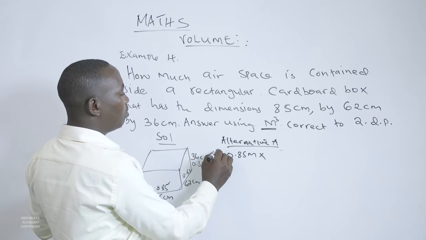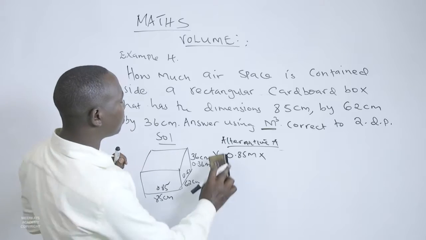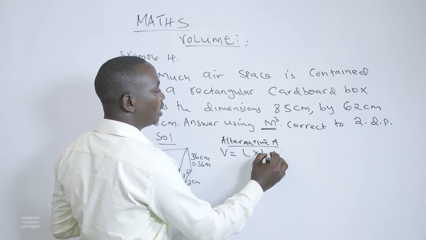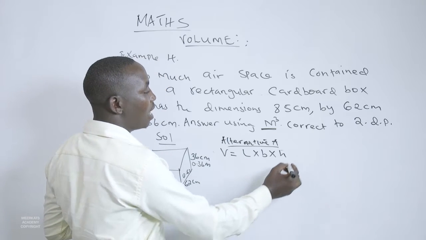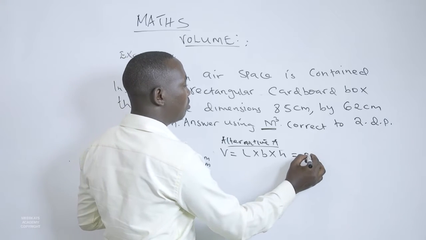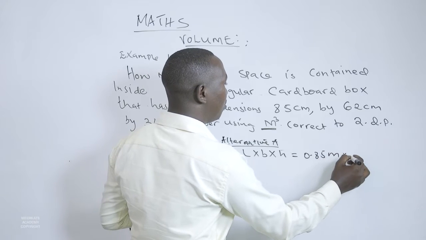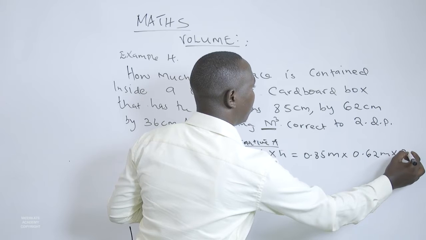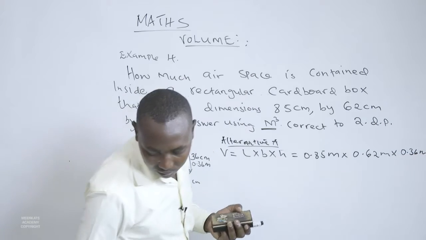And given that volume is normally given by the length times the breadth multiplied by the height, then this shall be 0.85 meters multiplied by 0.62 meters multiplied by 0.36 meters.